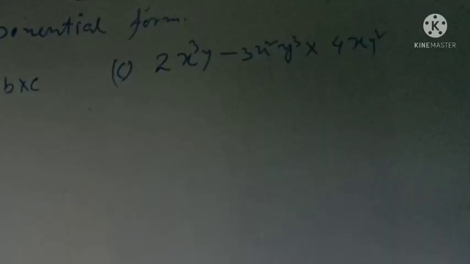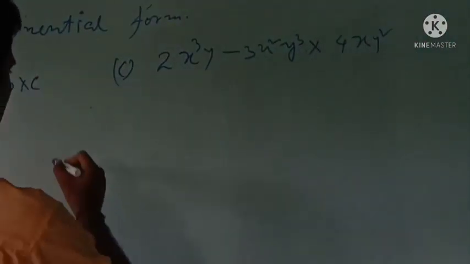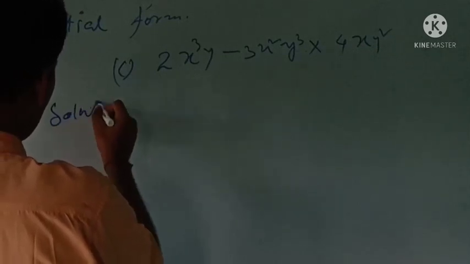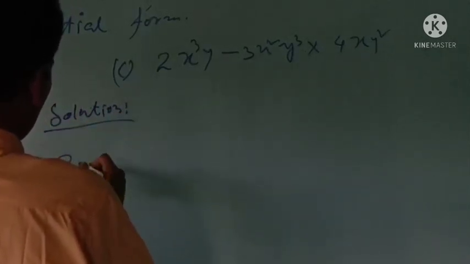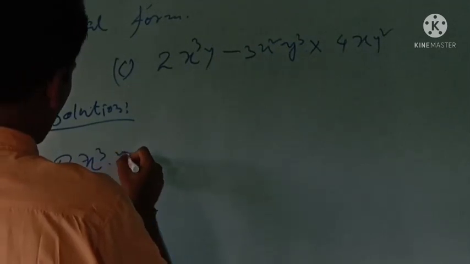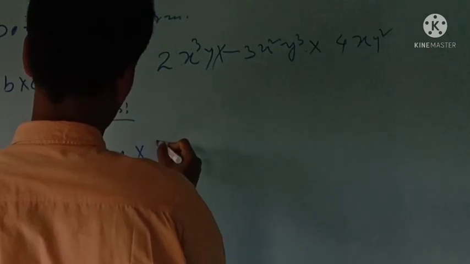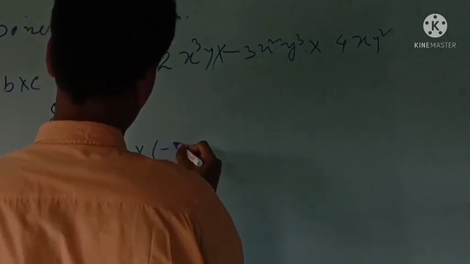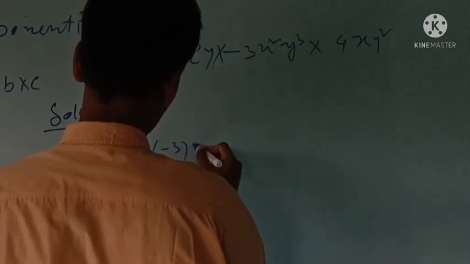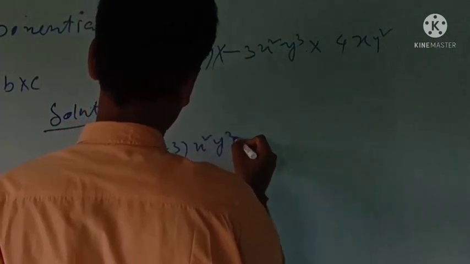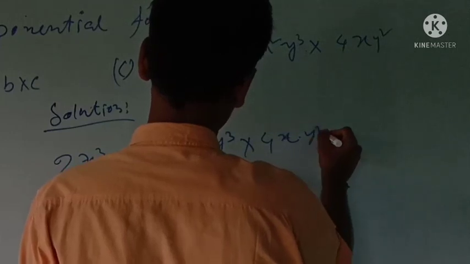Okay, well, see question number C, solution. 2x cube y into minus 3 x squared y cube into 4 into x into y square.